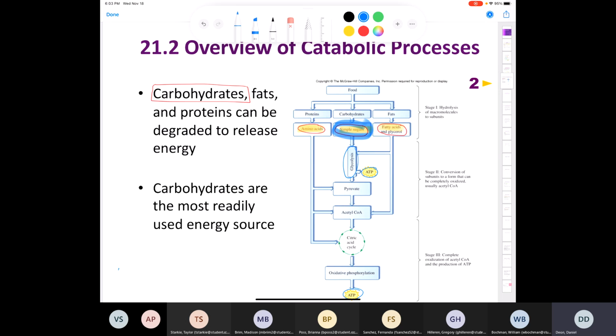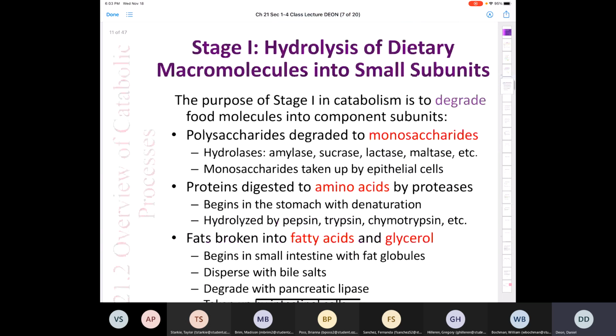So we get two major ways of producing ATP, and those would be glycolysis and the citric acid cycle. After the citric acid cycle, we have oxidative phosphorylation occurring, and then ATP. And of course, we're going to talk about all of these things with the time that we have.